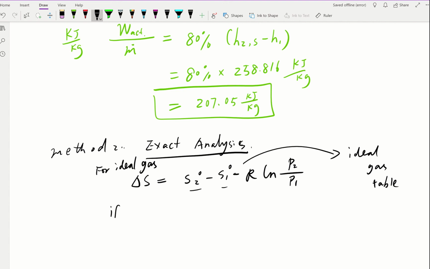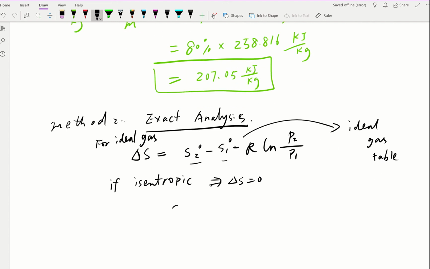If it is isentropic, which means our delta S is going to be equal to 0. So knowing that, we'll have S2 naught minus S1 naught minus R natural log P2 over P1. That's equal to 0, right? And that's the exact analysis.